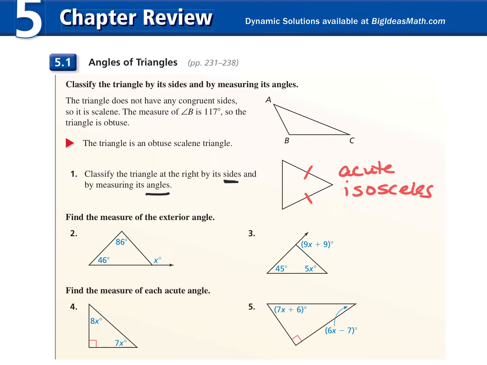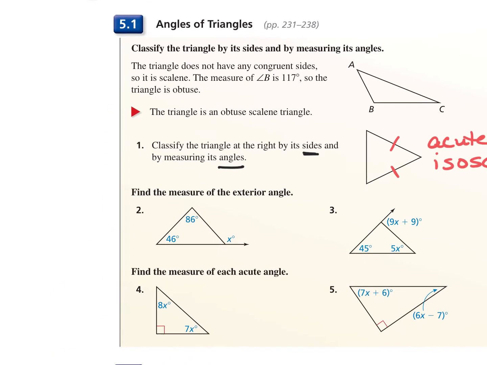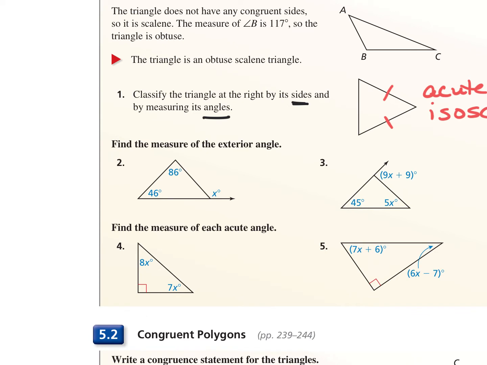All right, the next one, numbers 2 and 3. We're going to be using our exterior angle theorem. And remember, that theorem stated that the measure of the exterior angle, which over here is x, is going to equal the sum of the 2 remote interior angles, meaning these 2. It can't be the one next to it.